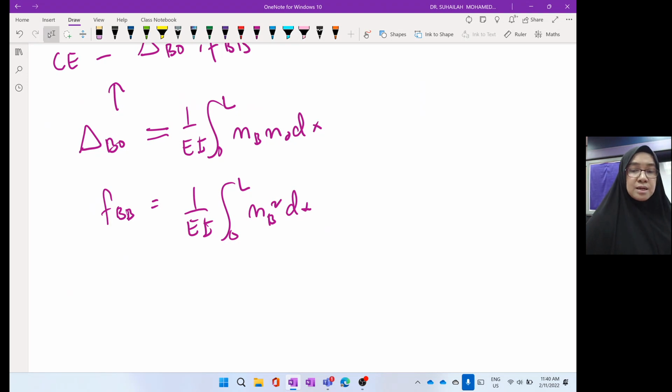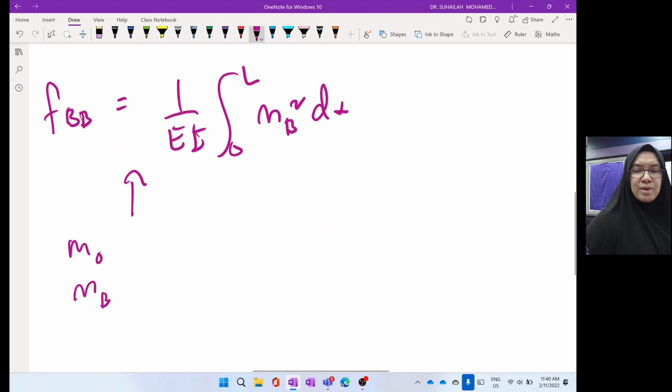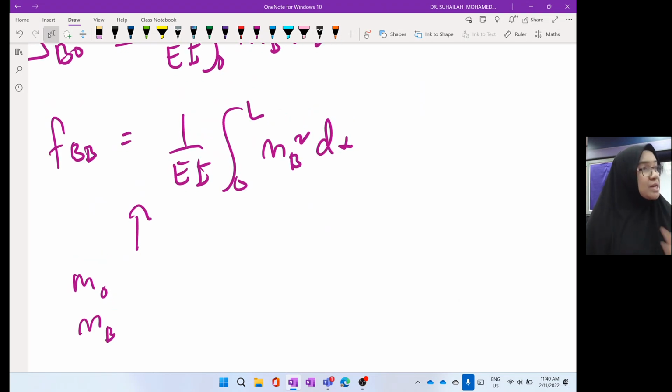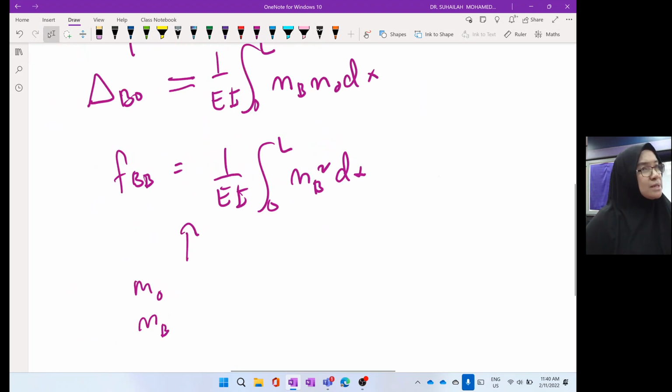Okay, clear. So, below that, the step before we get this displacement is M naught and MB. Means that we have to have M0 and MB as the input in the formula, right? We have to have the moment equation as the input for the displacement. Without moment equations MB and M0, we cannot calculate displacement.